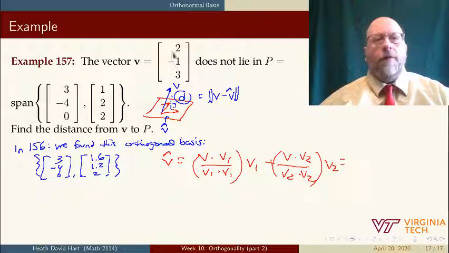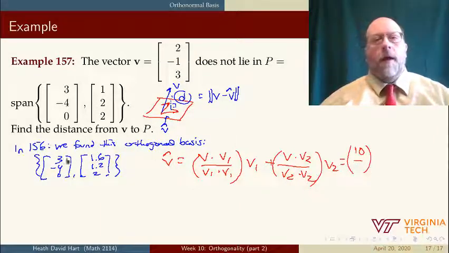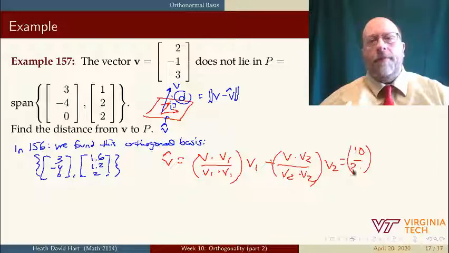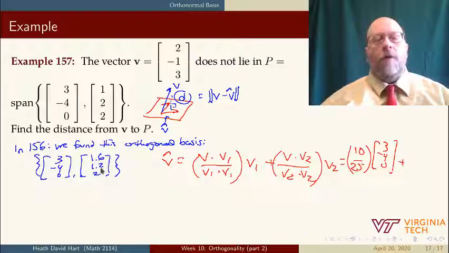All right, so 2, negative 1, 3 times 3, negative 4, 0. This dot product is going to be 6 plus 4 plus 0 is 10 over 25 times 3, negative 4, 0. And then this one's going to be a little bit messier. 2 times 1.6 is 3.2 minus 1.2 is 2. 2 plus 6 is 8.